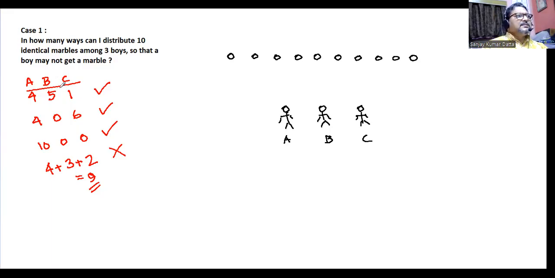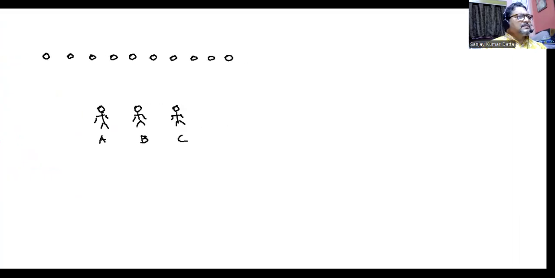So I hope, ladies and gentlemen, first of all, the idea that a boy may not get a marble is clear. Now let us get on to the task of distributing these 10 identical marbles among these three boys so that a boy may not get a marble. How to do it? Well, one way is possible.